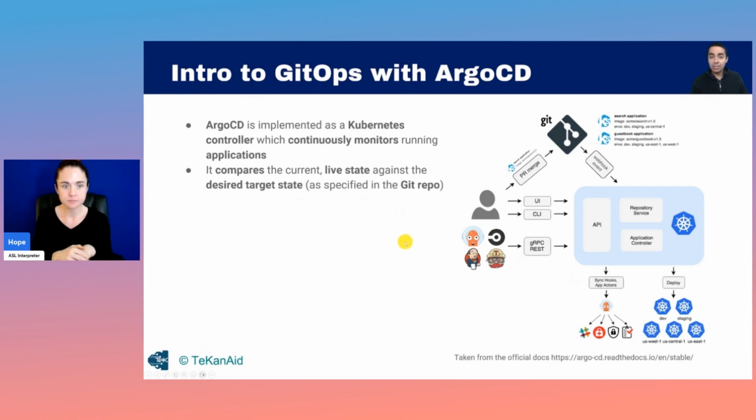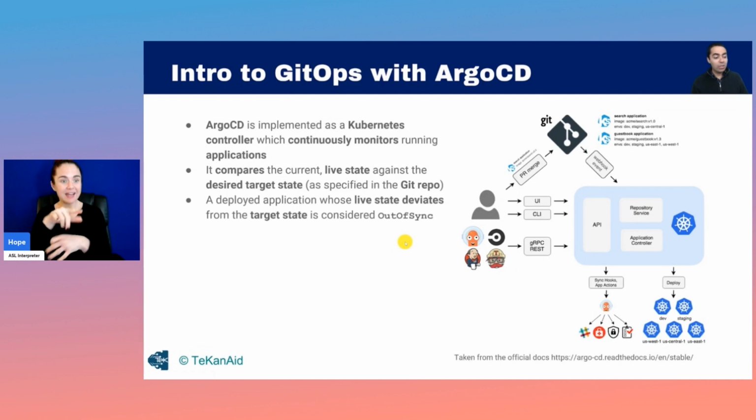It compares the current live state against the desired target state as specified inside of your Git repo. A deployed application whose live state starts to deviate from the target state is considered out of sync.